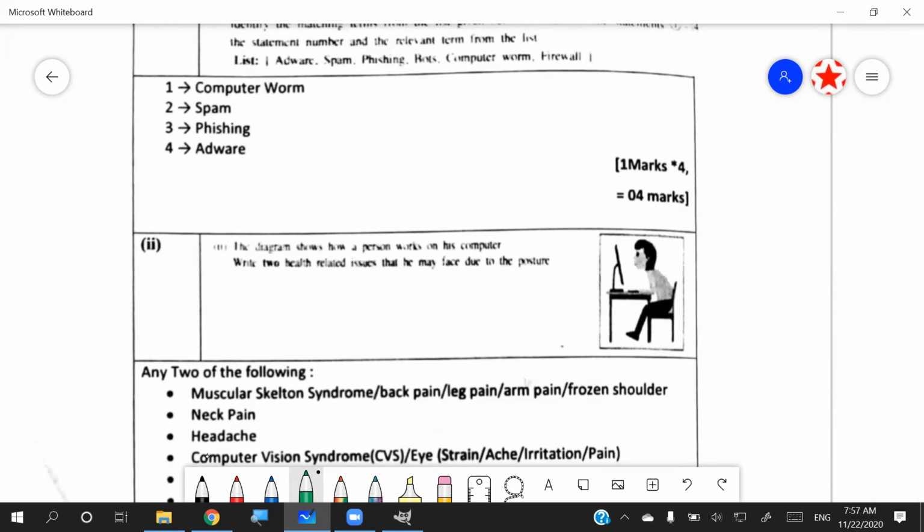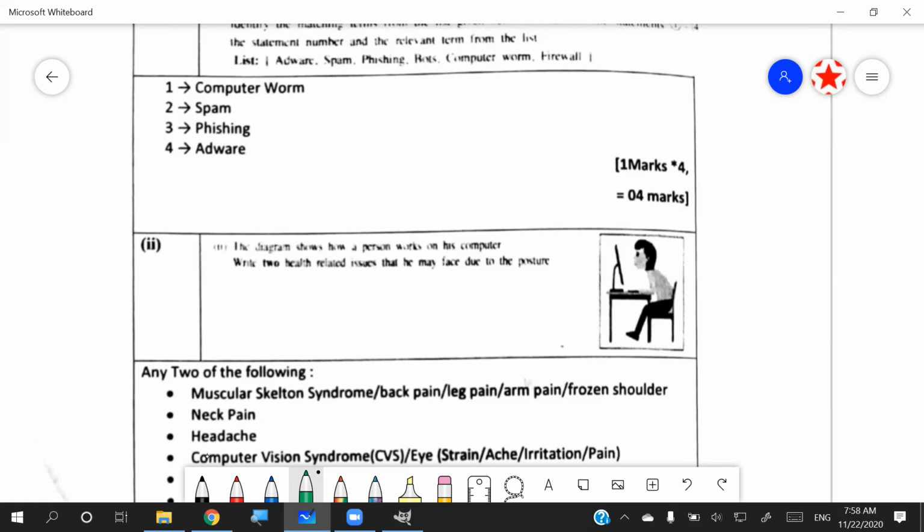So it will cause many different problems. Since he's much too close to the screen, it will give you eye strain, right? And since he's bending towards the monitor, it will give you neck pains and back pains, right? Yes, muscular problems, right?